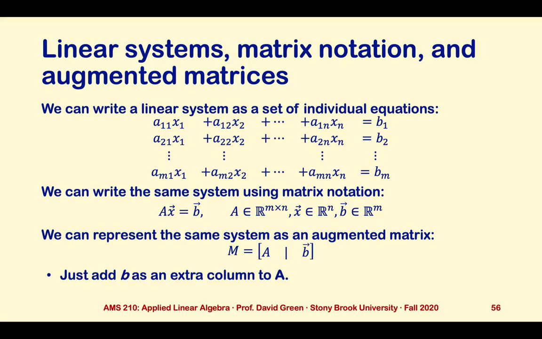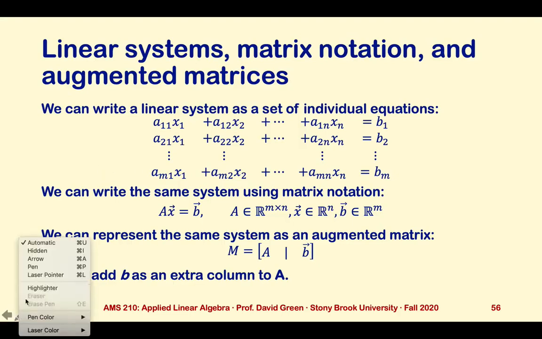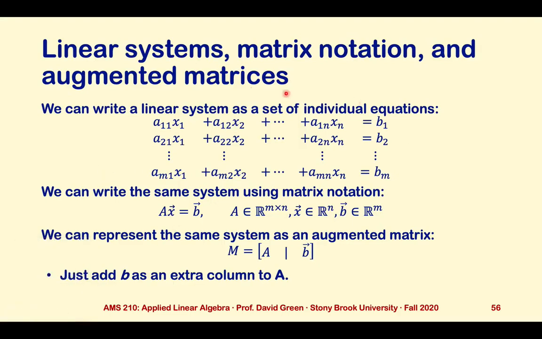So we've seen how we can write linear systems as a system of equations, and the form we have presented here is the most general form we can write for any number of m equations and any number of n variables. We can always write it in this sort of form as a set of individual equations.